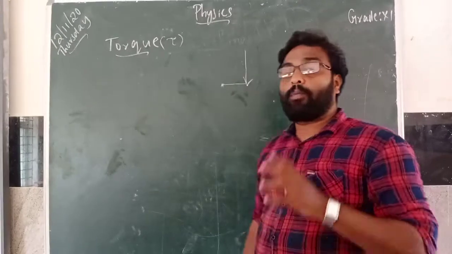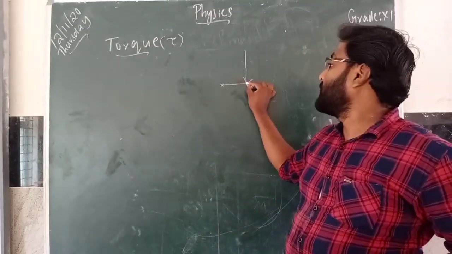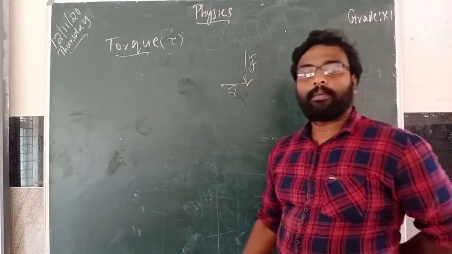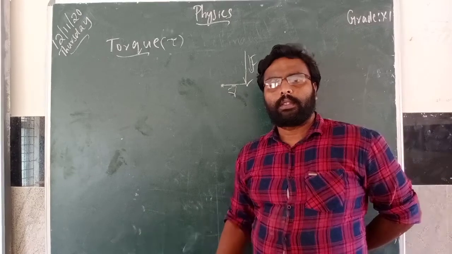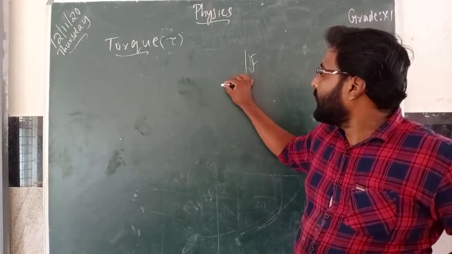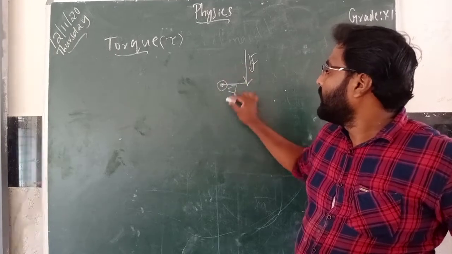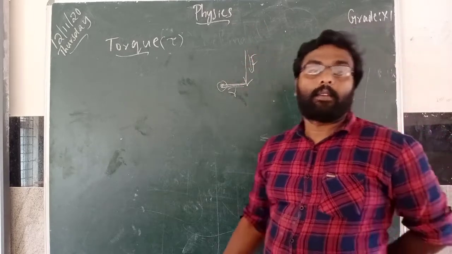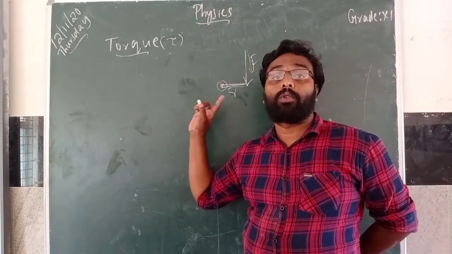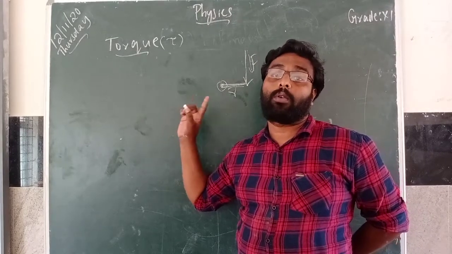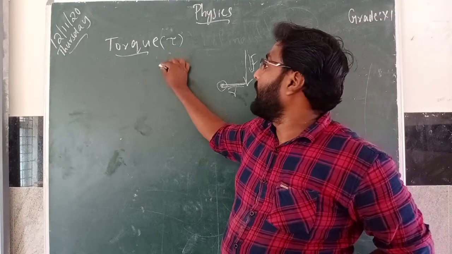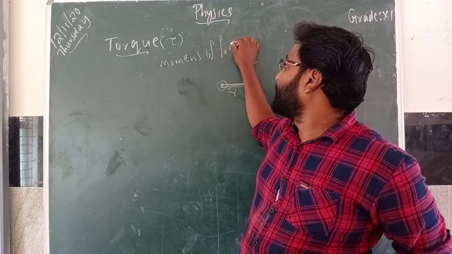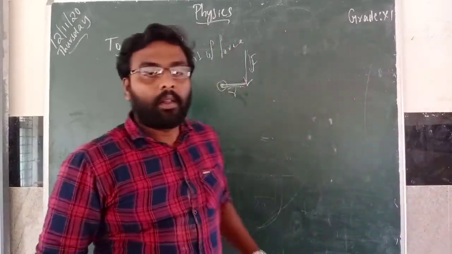About a point, this is a position vector R, and this is the force you are applying in this direction. So you will get rotational motion. This is what we call torque, or you can use another name, moment of force.